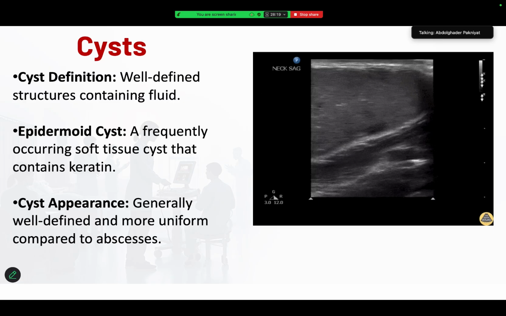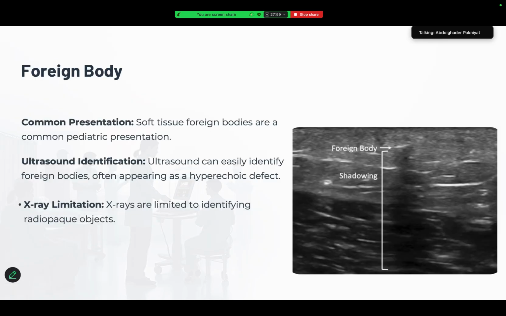Another one is the squish sign that we discussed before: in the cyst, we don't have any movement in the pus, but if you put pressure on the abscess, you can see the movement of the pus. In this way, we can distinguish a cyst from an abscess.